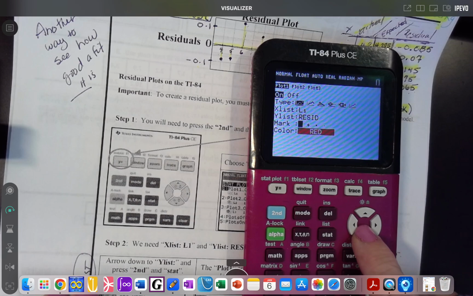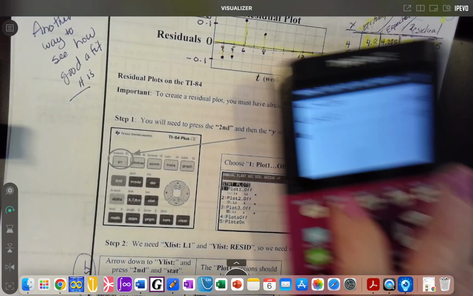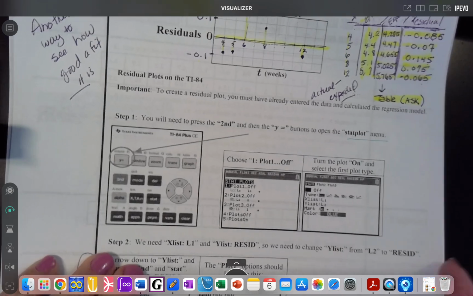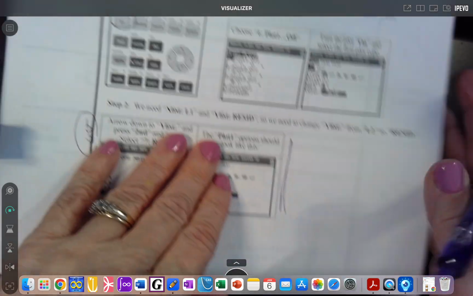Then you can choose a square mark or a plus mark, and then you can do your color. All right, so you just get out of that now. It should look like this. This is really nice. It shows you exactly what your calculator should look like.